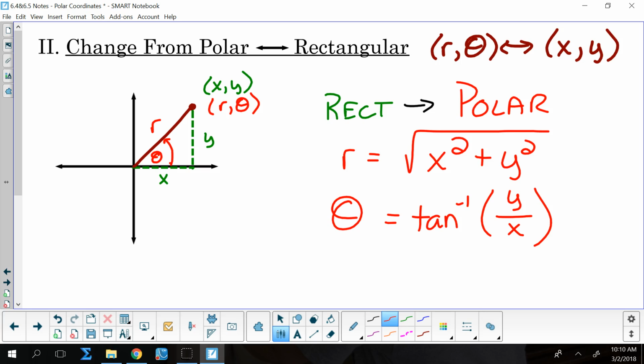No. So what really are we finding? We're really finding a reference angle, theta prime, remember. And so because of that, we've got two conditions. Condition number 1 is we're going to drop any negative signs.